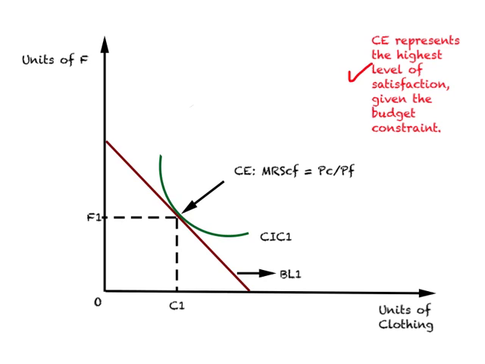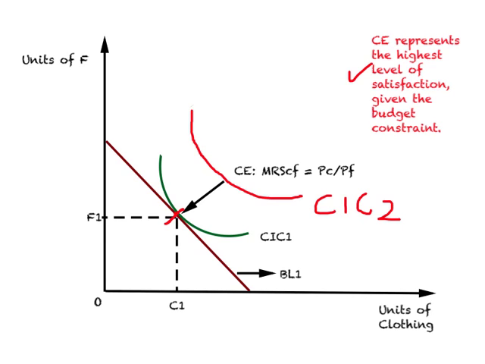Look at the following. We are given this CIC1 and here we have the point of tangency. Suppose you are given another community indifference curve. Let's call this CIC2. And this community indifference curve is further away from the origin, or in other words, CIC2 implies higher level of satisfaction relative to CIC1.